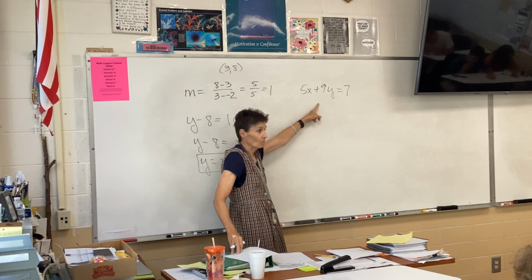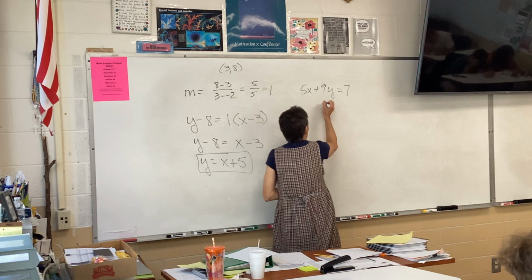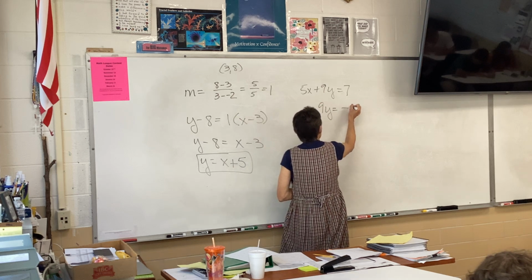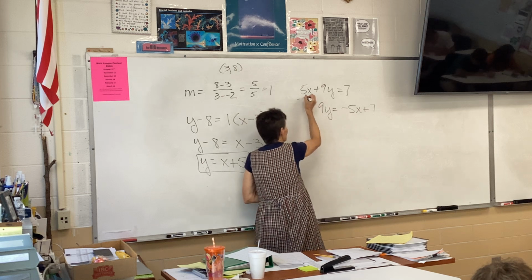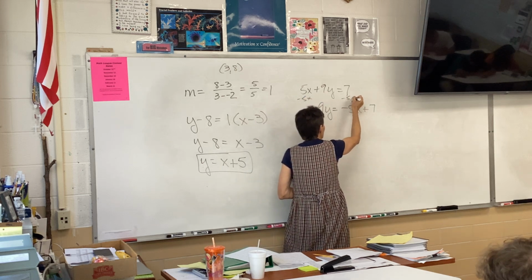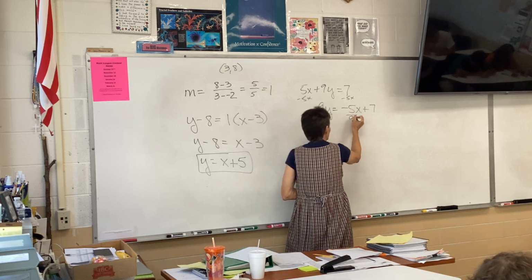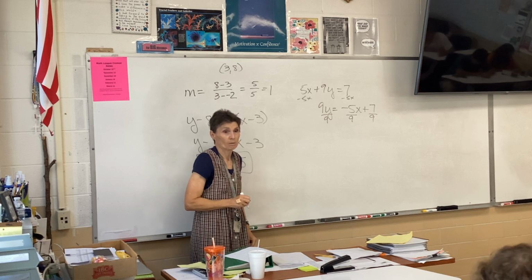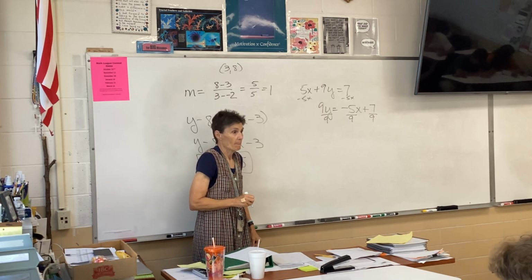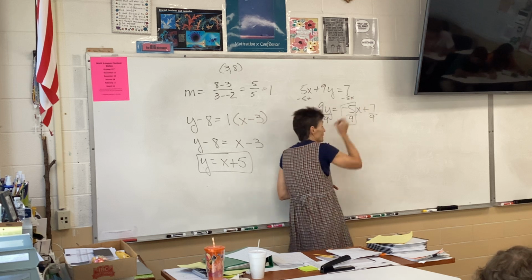Get y by itself. So I'll subtract the 5x to the other side. And divide by 9. Now, what number up there is the slope? Negative 5/9. Right there's your slope.